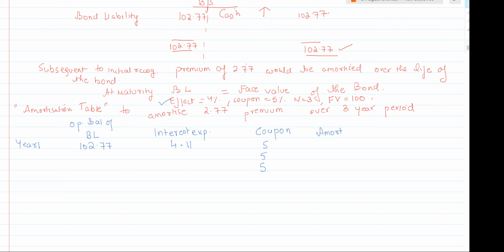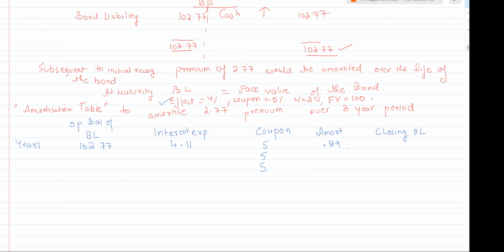Please deduct 4.11 from 5. How much do you get? It would be 0.89, right? And the closing balance of bond liability, we had discussed, guys, that bond liability would reduce every year by the amortization of premium, and it would reduce in such a way that by maturity, the bond liability equals the face value, right?